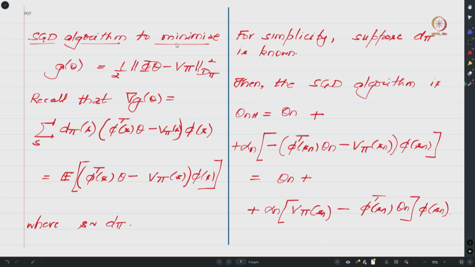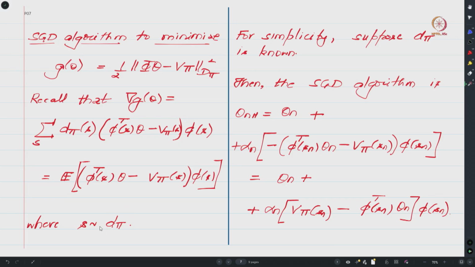To begin with, let us see if we can come up with a stochastic gradient descent algorithm to minimize this quantity. Recall that if this was your objective, the gradient has this expression, and you can think of this as a distribution and imagine this summation to be an expectation, of this quantity, where the state S is sampled from the distribution d pi.